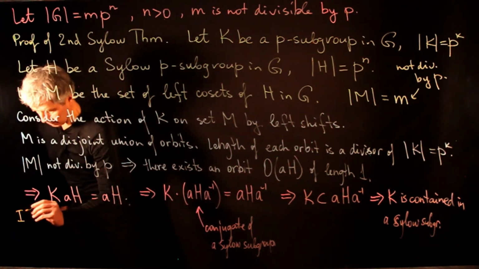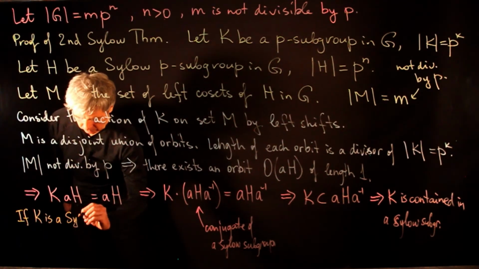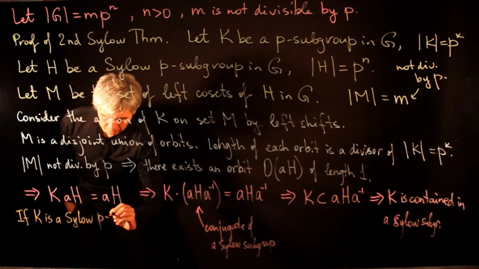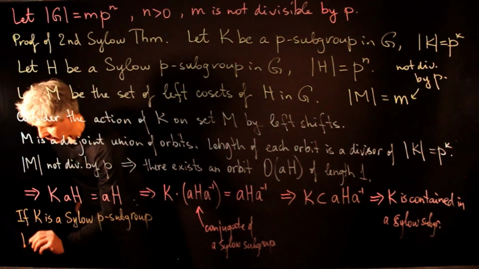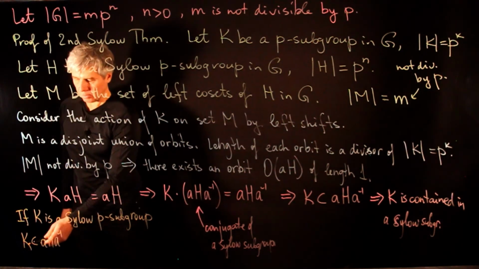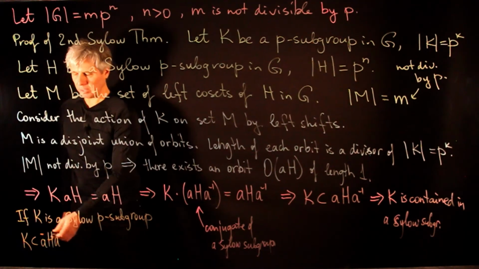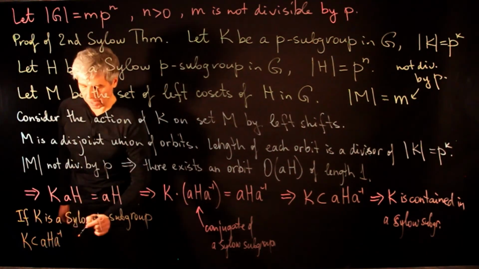So if K is a Sylow P subgroup and K is inside AH A inverse, now we get that these two subgroups have the same size. They have size of p to the power n elements.